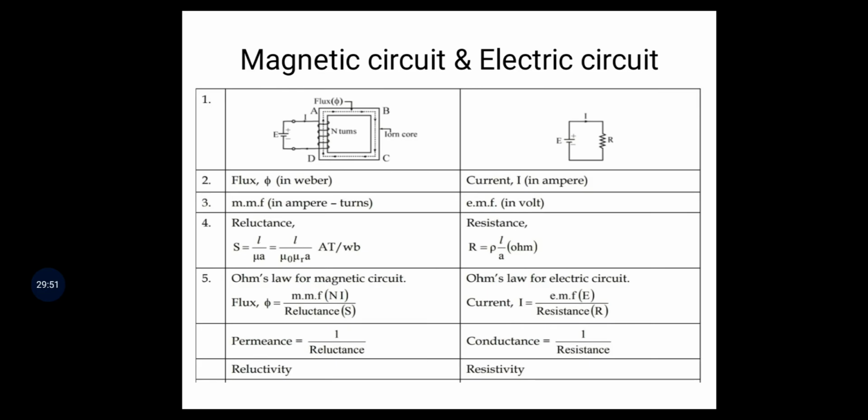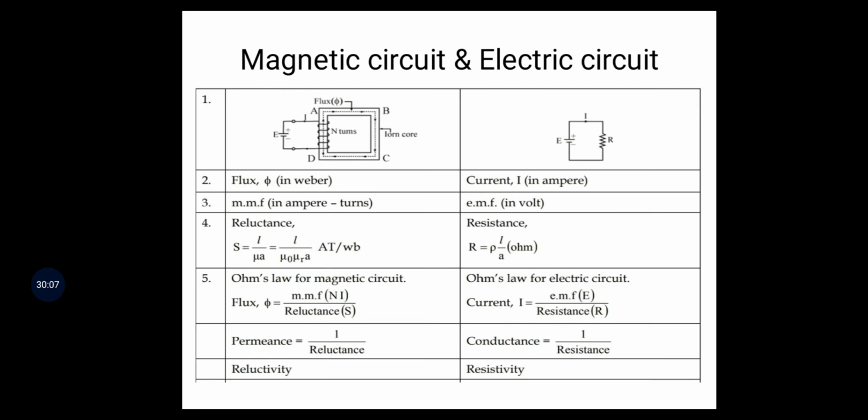Flux in magnetic circuit, flux pi equal to MMF by reluctance.